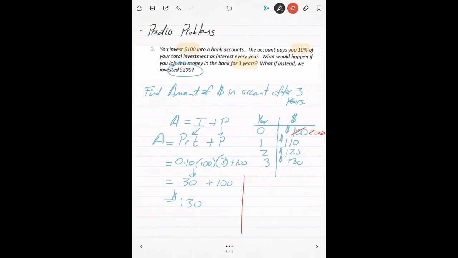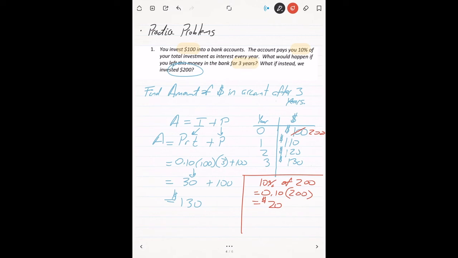Now the bank says we're giving you 10% of $200. So let's see, 10% of 200, that is $20. The bank says since you put more money in, we're going to give you more money. We're going to give you $20 for every year that you have money in the account.